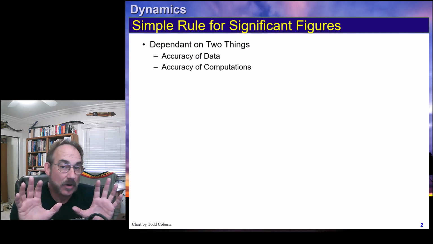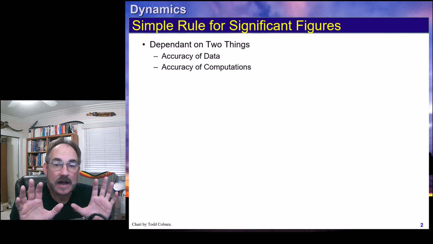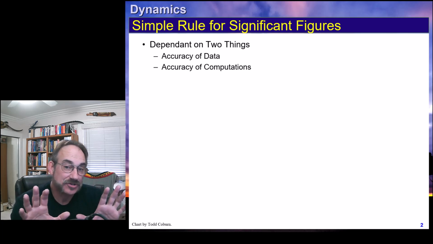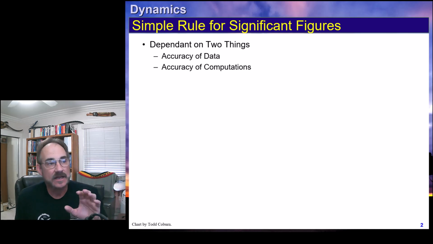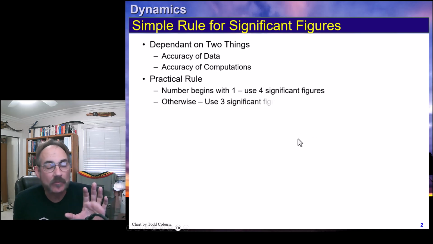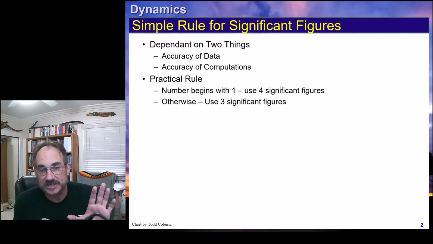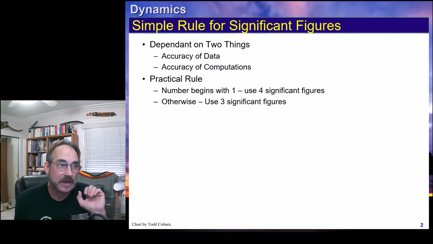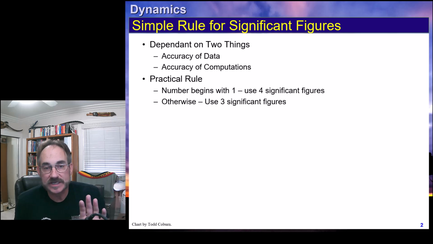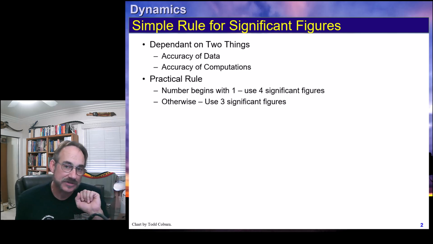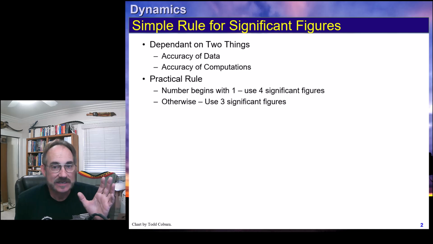So most basic statics, dynamics, and structural mechanics books that I have seen follow the same plan: they report 3 significant digits for any number except those that start with 1. If the number starts with a 1, they use 4 significant digits, and for anything else they use 3 significant digits. Of course, that means you've got to know what a significant digit is, and some of my students are still struggling with that idea.